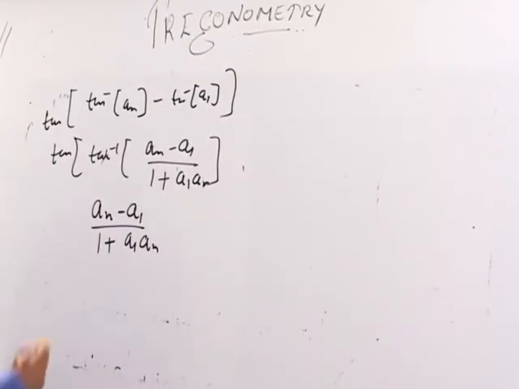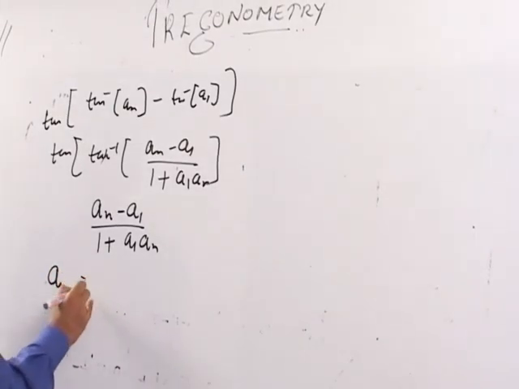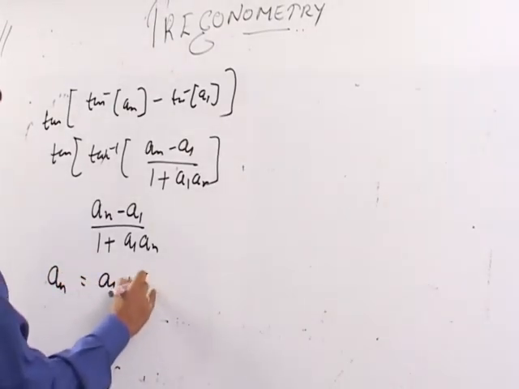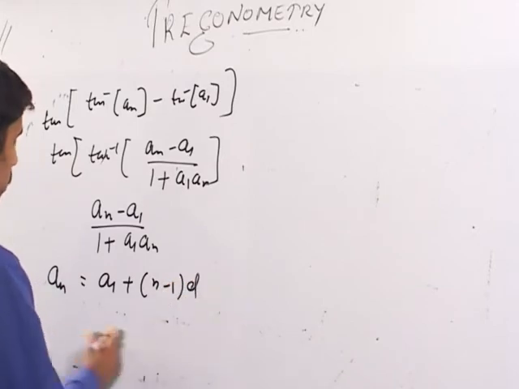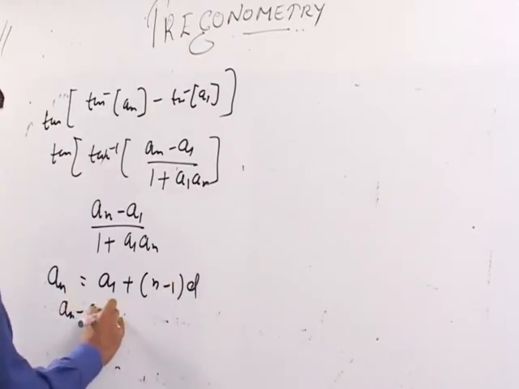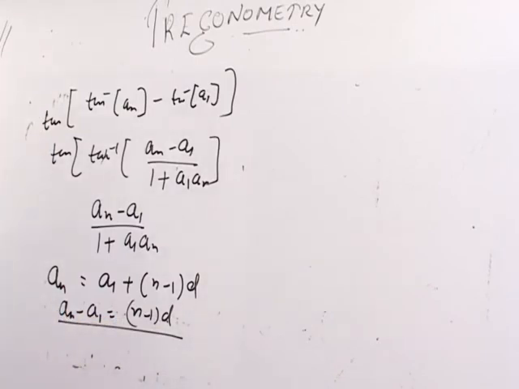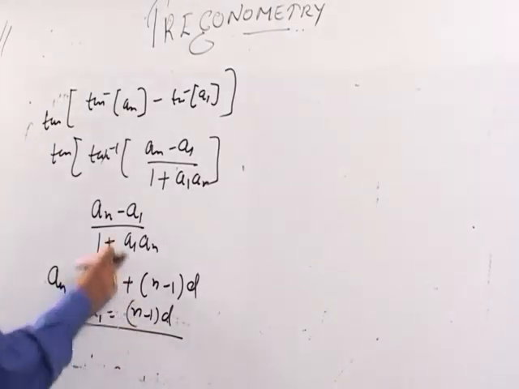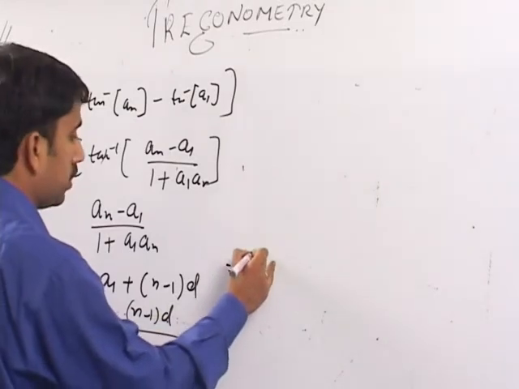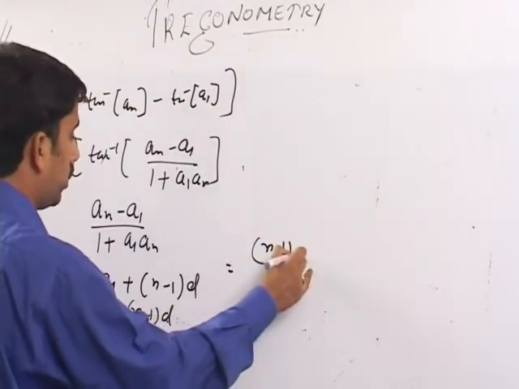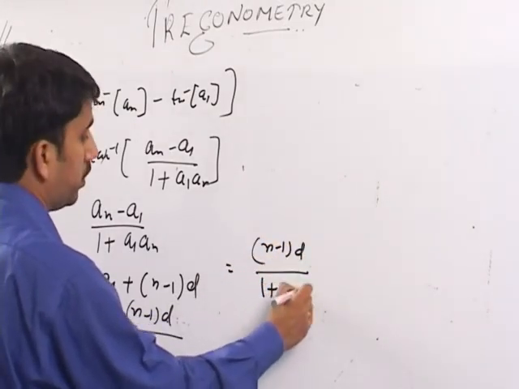Now the nth term is first term plus n minus 1 into d, so an minus a1 will be equal to n minus 1 into d from AP. When you substitute this value of an minus a1 in this equation, you will get (n minus 1) into d over (1 plus a1 into an).